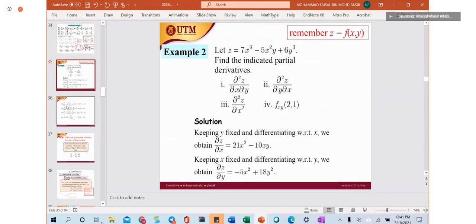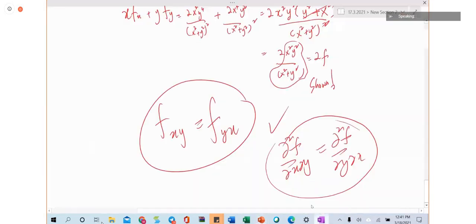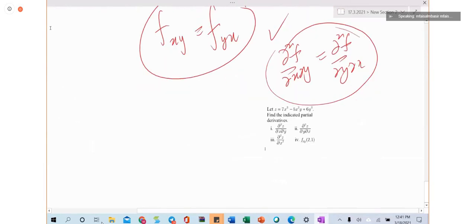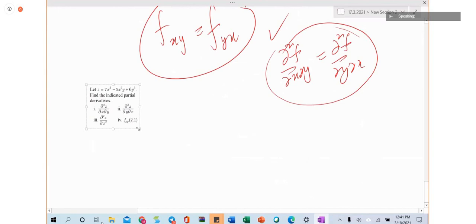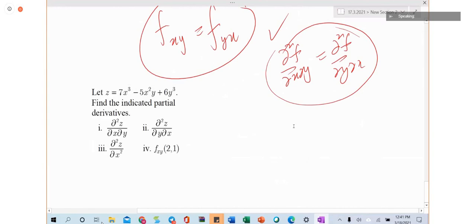So we see the last example. Okay, this is the last example for today's class. Find the partial derivative. They give you z, which is a function of x and y. You can write it like this.